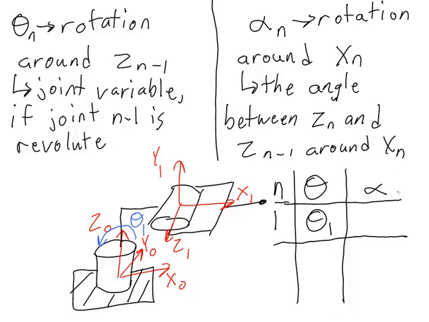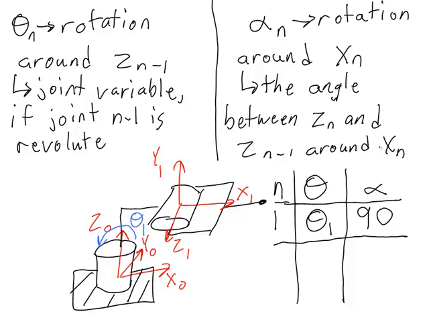Alpha is the rotation around Xn, that is, the rotation around X1, that gives the angle between Zn, that is Z1, and Zn-1. The angle alpha 1 is going to be 90 degrees.